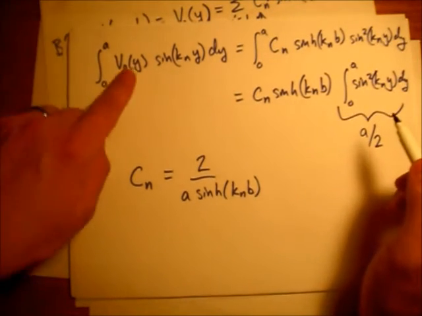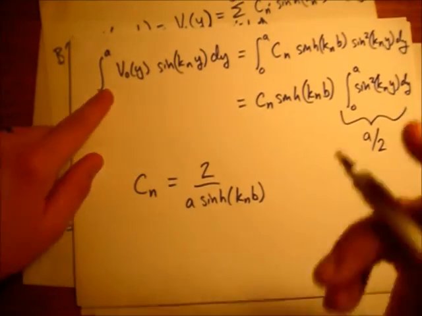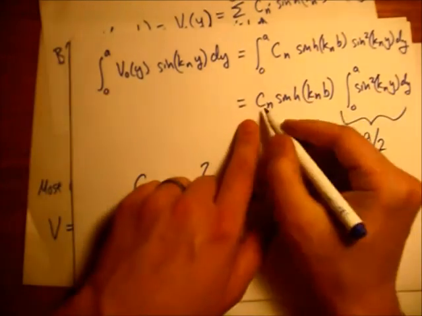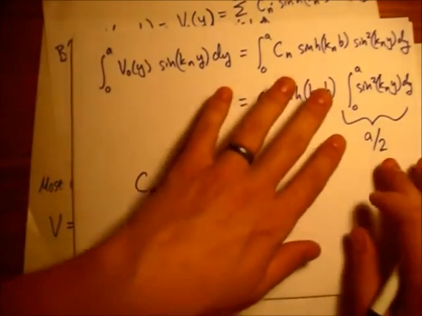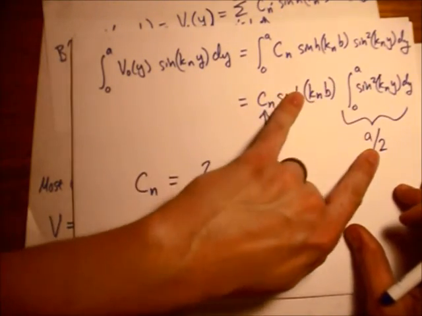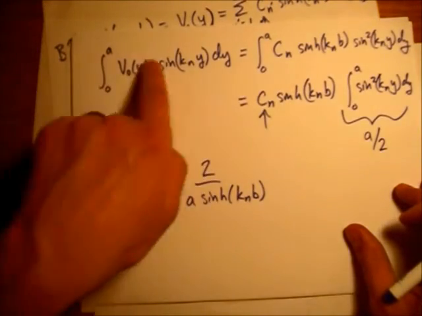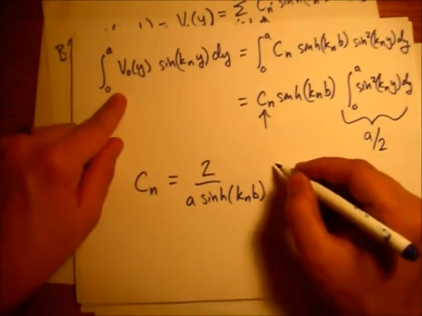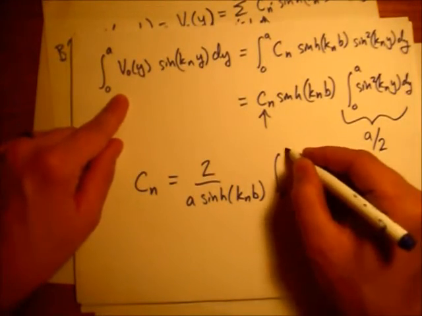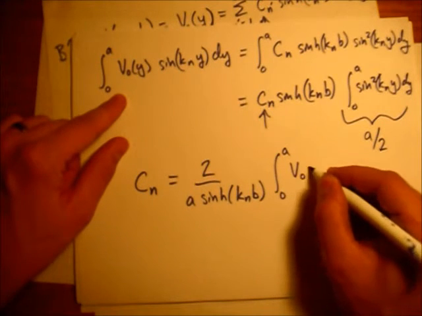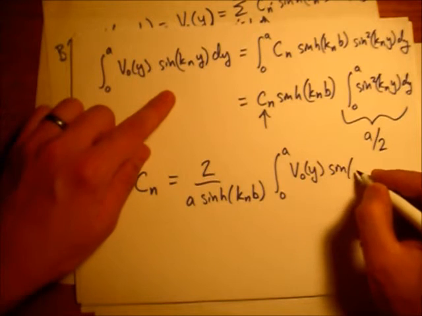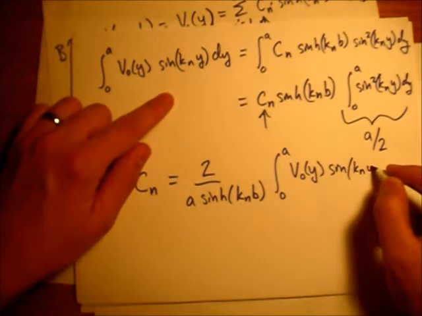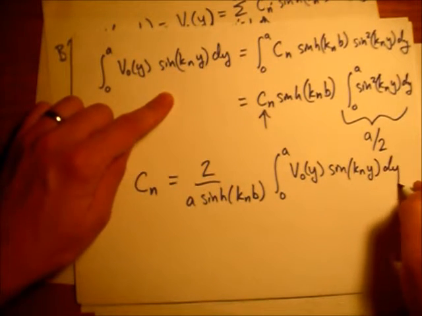Now we just have this integral. I'm solving for this right here, which I bring here, and I'm bringing these other things to the other side, and now we just have this part to worry about: 0 to a of V y sine of k n y dy.